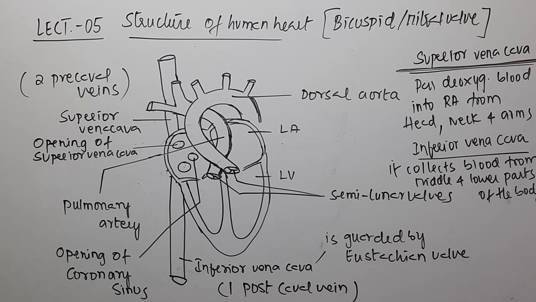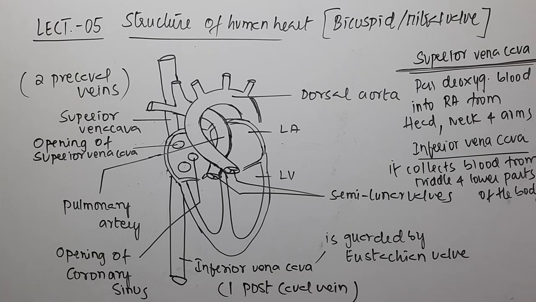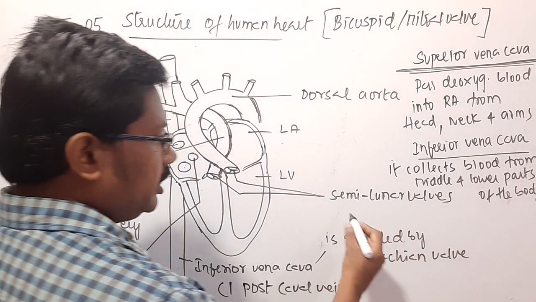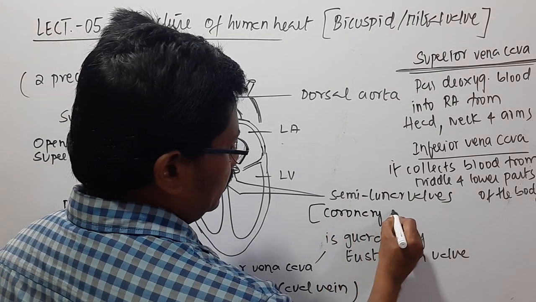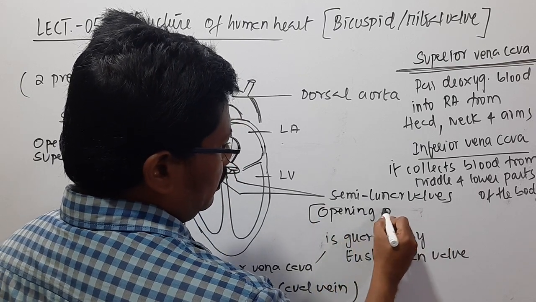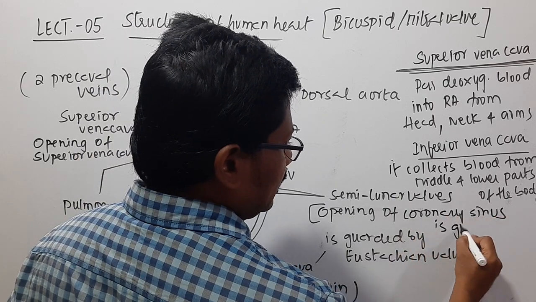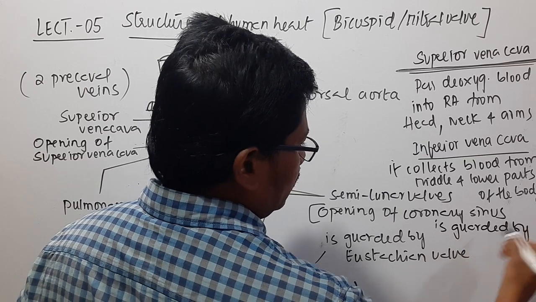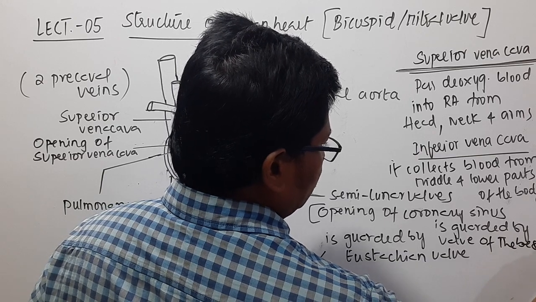Then in the same way, the opening of coronary sinus is also guarded by one valve, and that is called the valve of Thebesius. I'll just write here: opening of coronary sinus is guarded by valve of Thebesius.